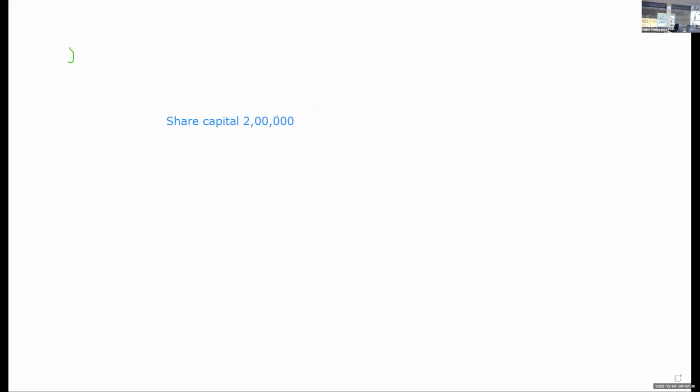So we are starting a business with share capital of 2 lakh rupees. What entry do you make for this? You are collecting 2 lakh rupees from shareholders. It may be you and your friends and others also: promoters, co-promoters, founders, and the general public, including you.